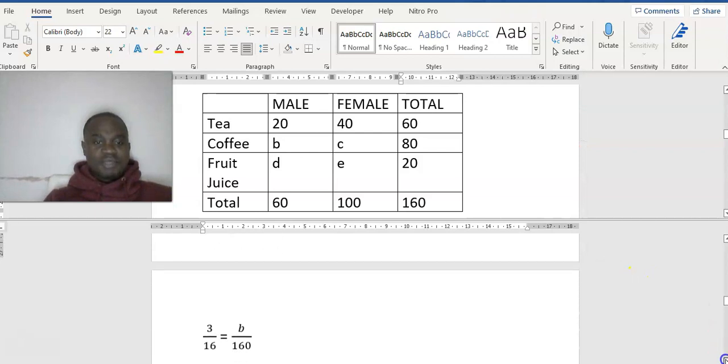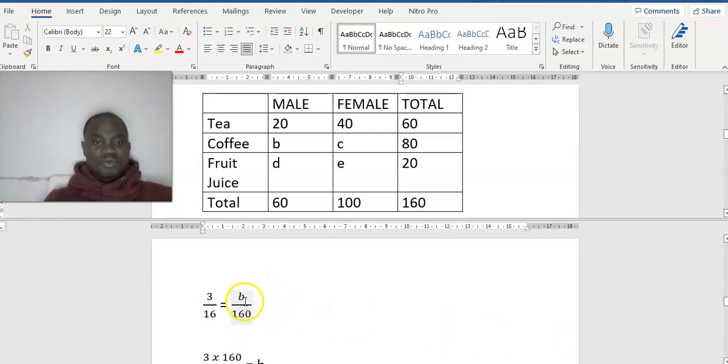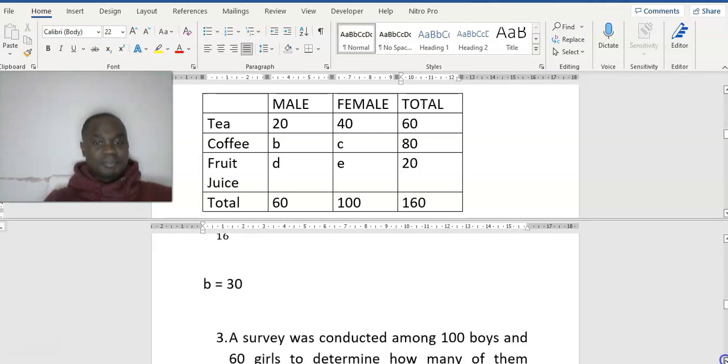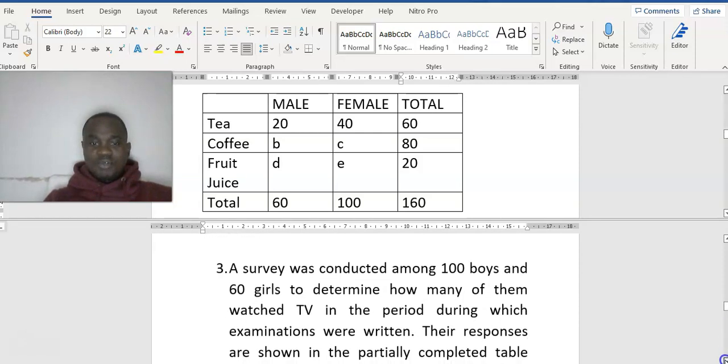So we have 3 over 16 should be equal to B over 160. Now if I transpose this 160 to this side, it's going to multiply. So we are going to have 3 over 16 all times 160, or 3 times 160 over 16, and this gives us 30. Okay, let's move on to the next question.